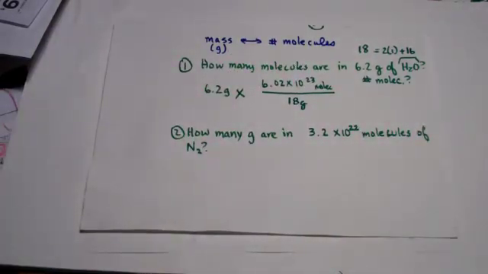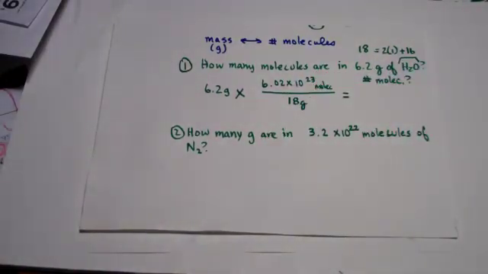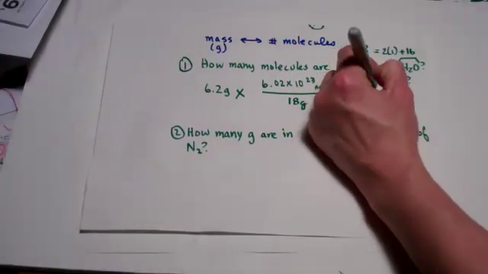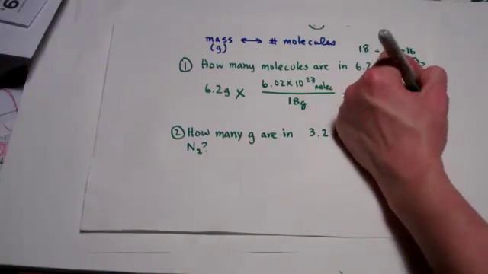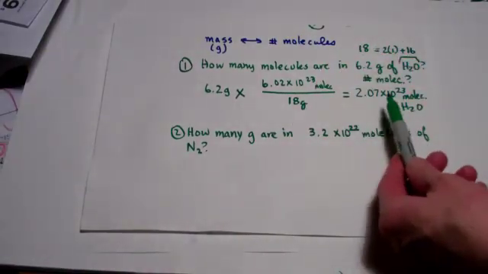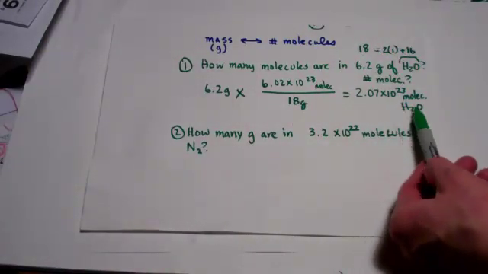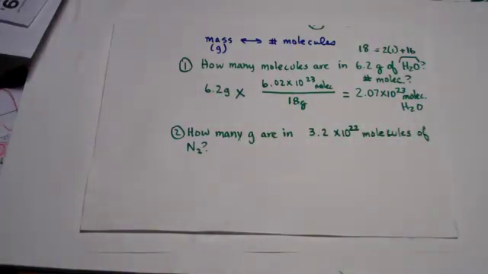And we can do this calculation, and we will end up with the number of molecules in 6.2 grams of our substance. So we end up with our answer as 2.07 times 10 to the 23rd molecules of water. So our answer, 2.07 times 10 to the 23rd molecules of water in 6.2 grams.